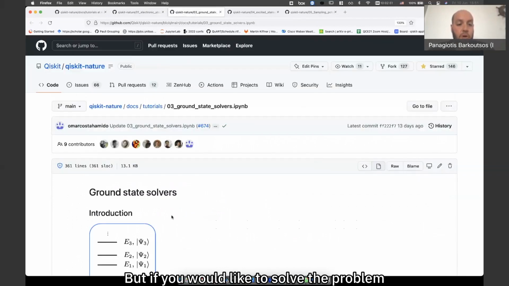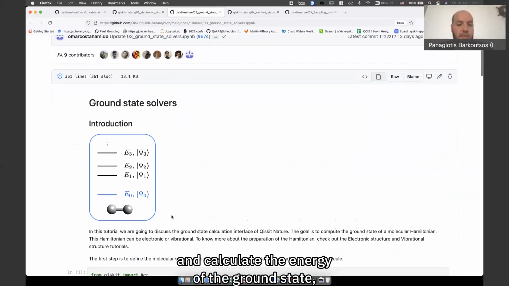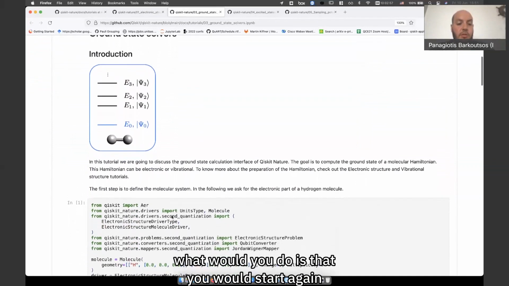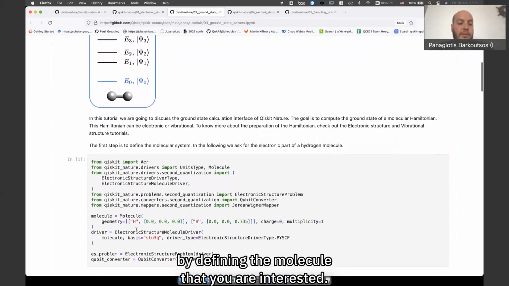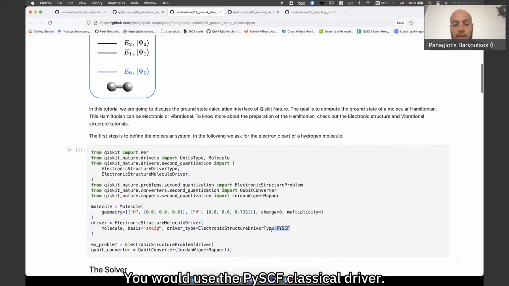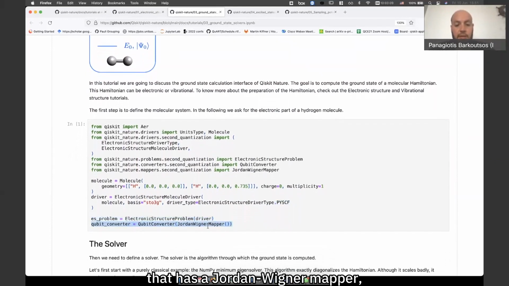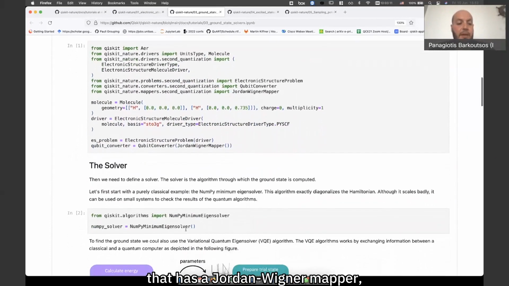But if you would like to solve the problem and calculate the energy of the ground state, what you would do is start again by defining the molecule that you are interested in. Again, here we are using the hydrogen molecule. You would use the PySCF classical driver. You would have the qubit converter that has a Jordan-Wigner mapper, and then define a minimum eigensolver.